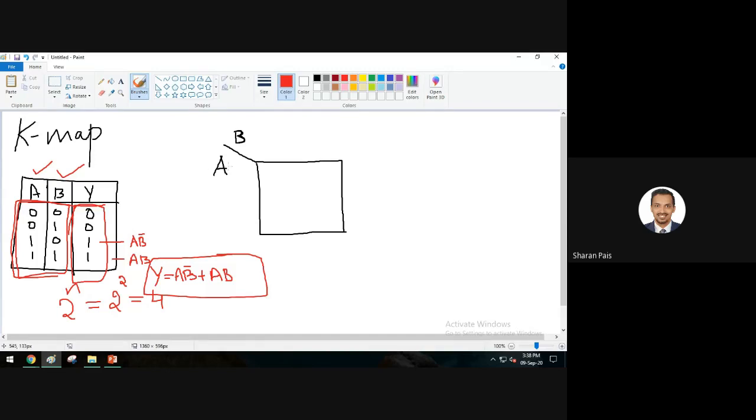Fine. So whenever you have a K-map, first you need to see how many inputs there are. This table has two inputs, so only four values are possible. The two inputs are written as A and B, and Y is the output. One possible input for A is 0, another is 1. Same for B: one possible input is 0, another is 1.